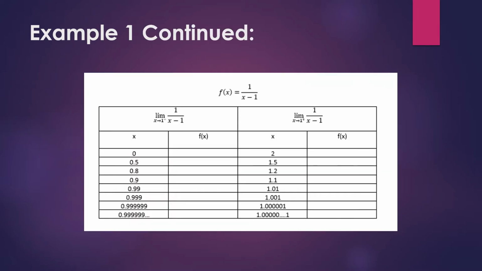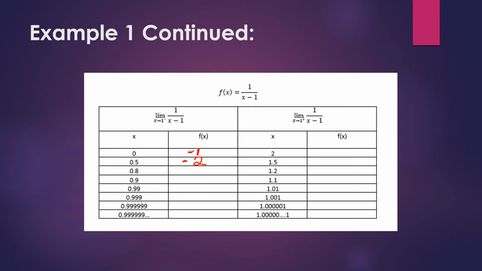If we try to approach this function like we have in the past using limits, we can always fill in a chart like this one. So let's do that. If I want to take the limit coming from the left, I could start with 0. If I plug in 0, I'll get 1 divided by negative 1, which is negative 1. If I plug in 0.5, I'll get 1 divided by negative 0.5, which is negative 2.